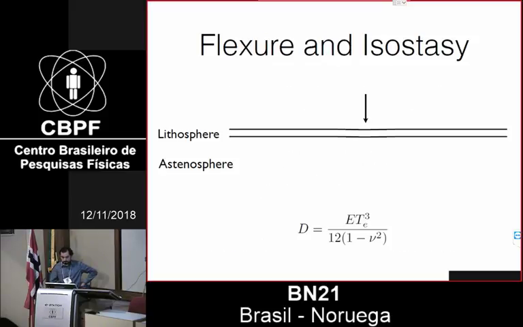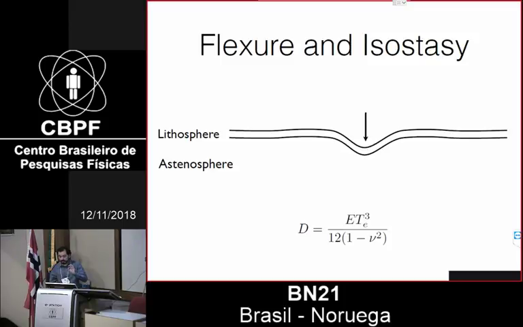I also incorporated flexure, in which any load at the surface is partially compensated by the rigidity of the lithosphere and partially by the buoyancy exerted by the asthenosphere. This is controlled by the Te, the effective elastic thickness. The larger the Te, the more rigid the lithosphere.